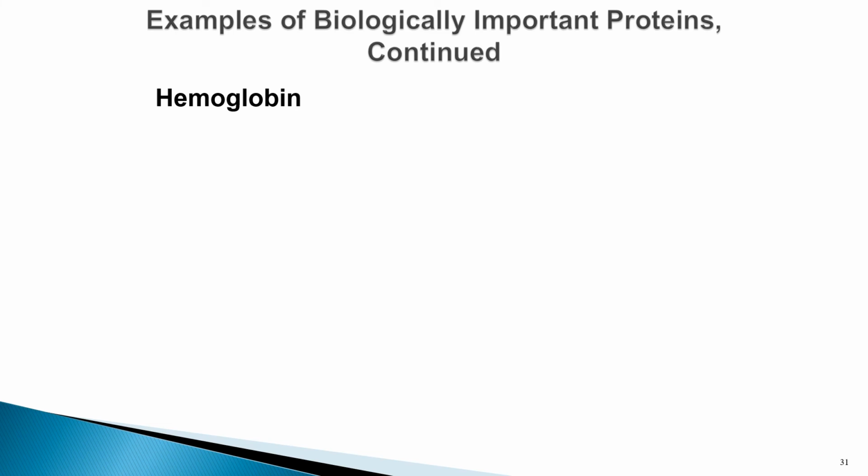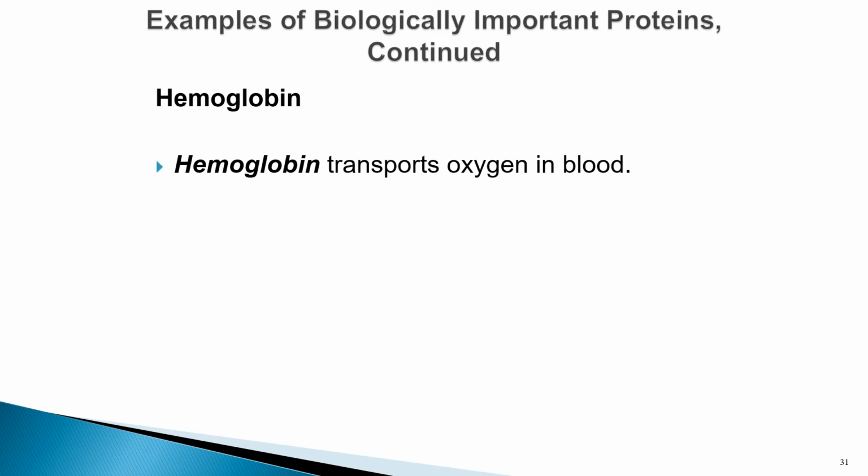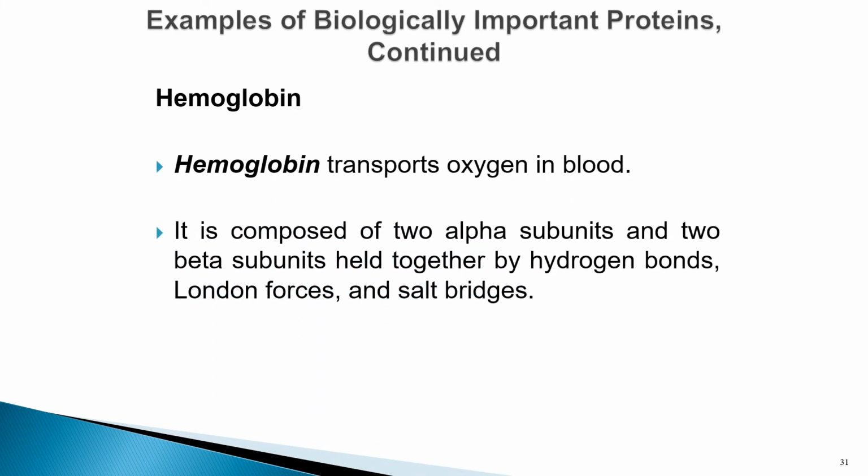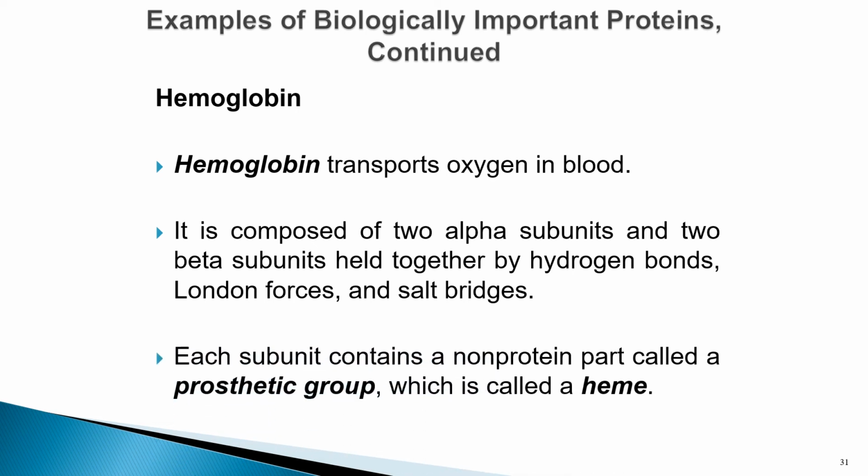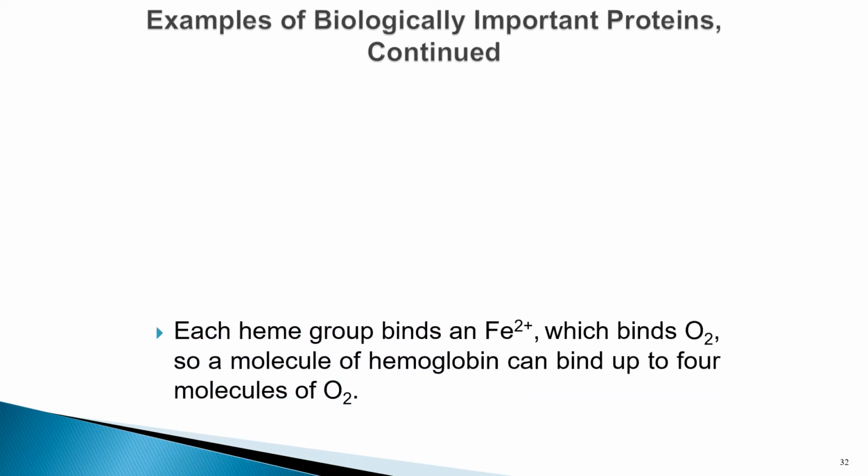Then we have hemoglobin. Hemoglobin transports oxygen in blood. It is composed of two alpha subunits and two beta subunits held together by hydrogen bonds, London forces, and salt bridges. Each subunit contains a non-protein part called a prosthetic group, which is called a heme.